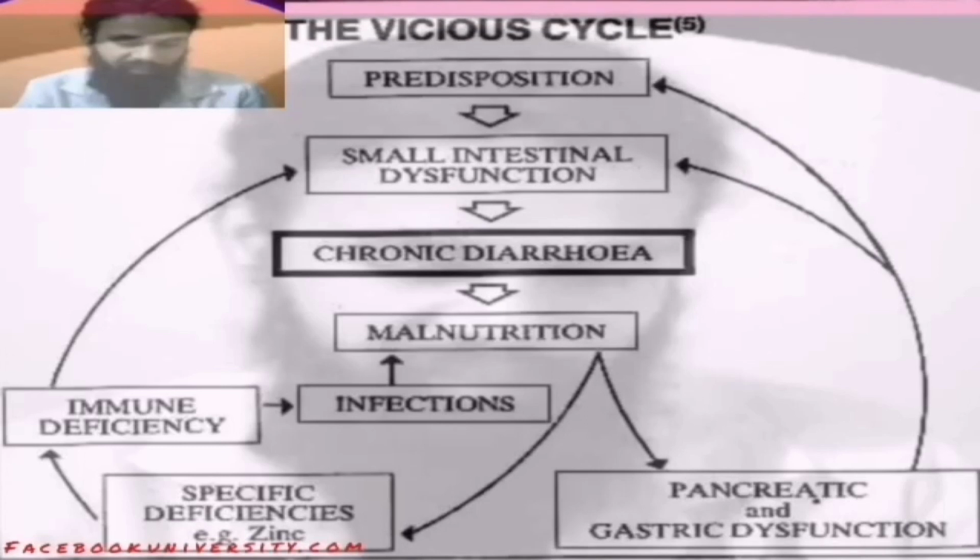And due to defective absorption of elements like zinc, which are involved in providing immunity to the body, the immune deficiency will lead to small intestinal dysfunction, because pathogens will grow, they won't be killed by our immune system, and again intestinal dysfunction will lead to diarrhea due to these reasons.